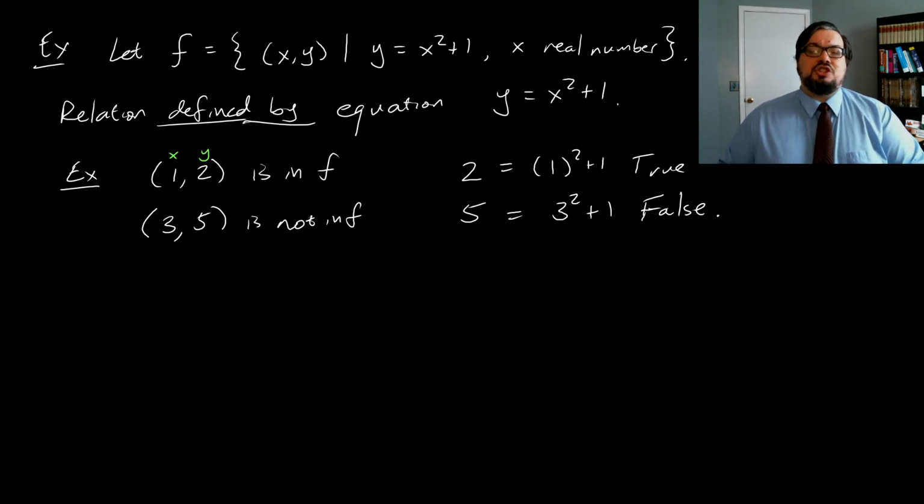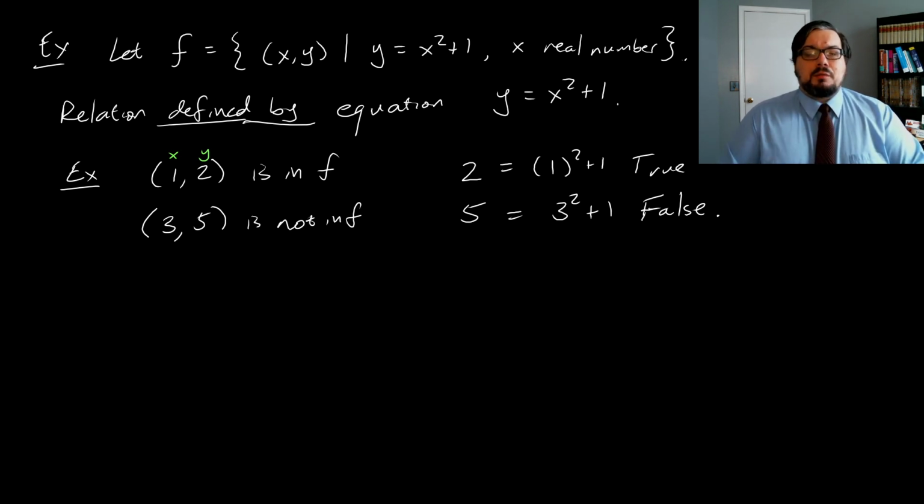So this relation contains a collection of pairs. For any pair, it either belongs to the function or it doesn't. It belongs to the function if, when you plug in those numbers for x and y, you get a true statement, and it doesn't if you get a false statement.